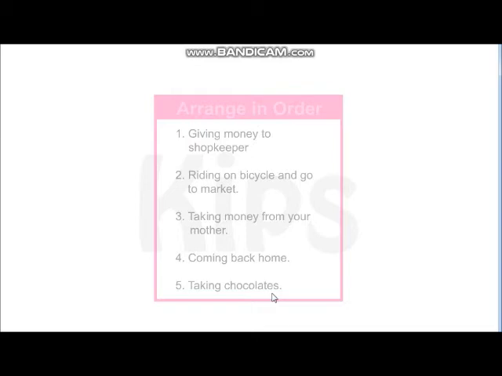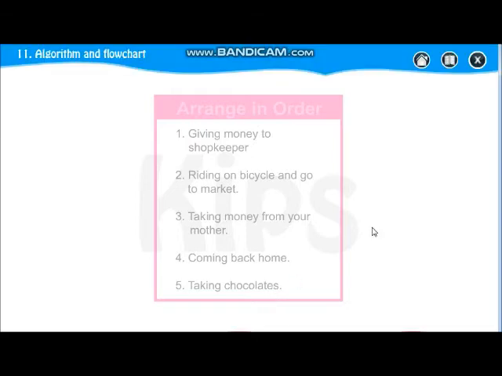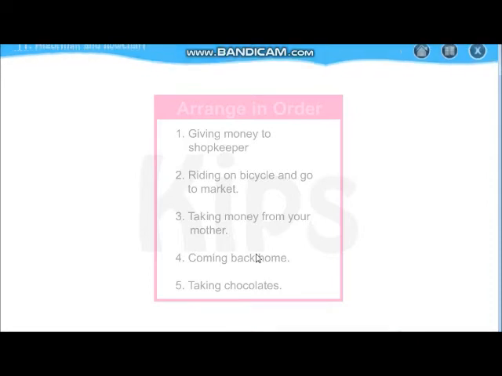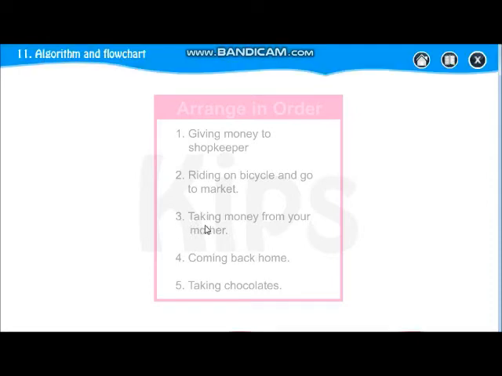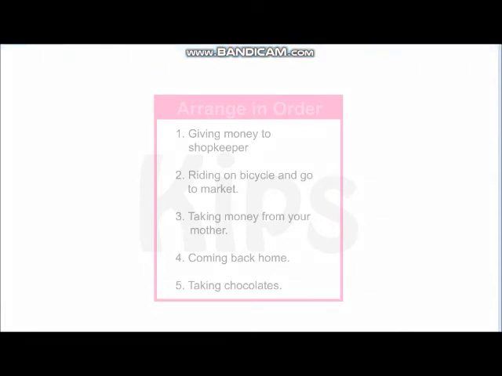So what are you going to do first? First thing, what you are going to do? You are going to take money from your mother. पहले आपने money ले लिया. Then riding on a bicycle. So this will be your step number 1. Okay.